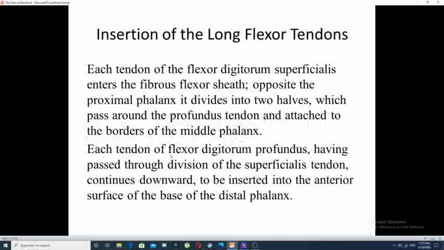Each tendon of the flexor digitorum profundus, having passed through the division of the superficialis tendon, finally inserts into the base of the distal phalanx. This description applies to the medial four fingers.